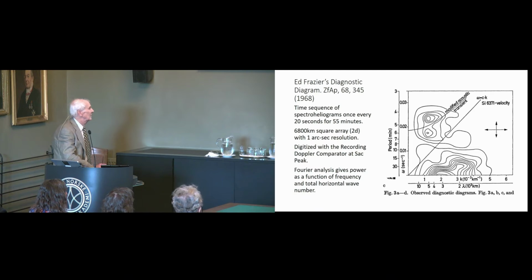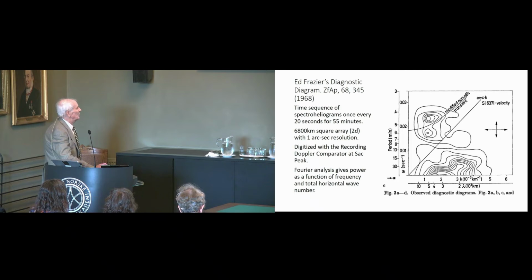So the thing that I felt was important was to try and understand how these 5-minute oscillations were actually propagating through the solar envelope, and I thought that this was a potential source of information about the solar interior, because these were evidently waves, and it seemed to me that they were described as acoustic oscillations.